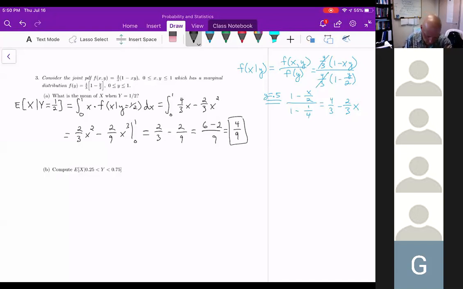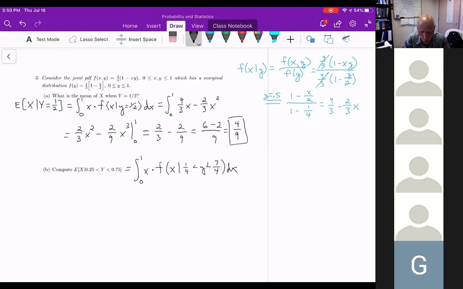All right, so let's take a look at this. I'm going to start by setting up what this means by definition. So this is the integral from 0 to 1 of x times the conditional distribution of f of x, given that y is between 1/4 and 3/4, dx.